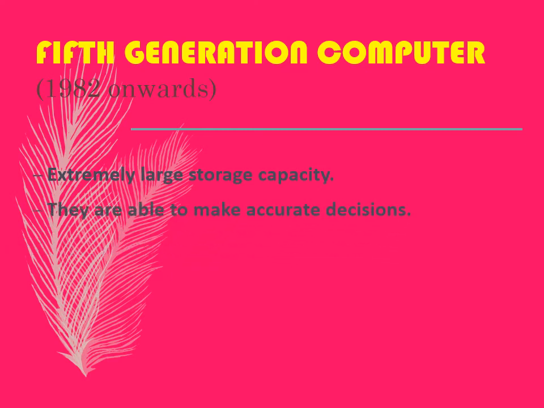Fifth generation computers were able to make accurate decisions without committing any error. They were able to give out the accurate output. And most importantly, this generation is known as the age of supercomputers. Fifth generation is known as the age of supercomputers.